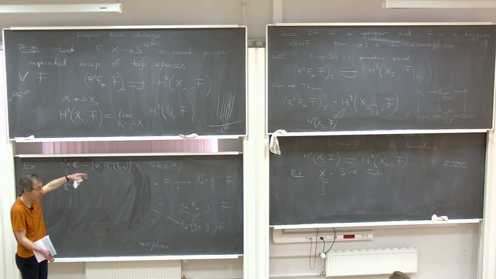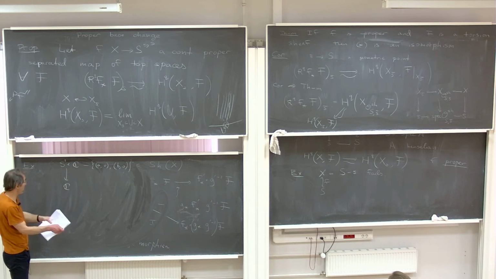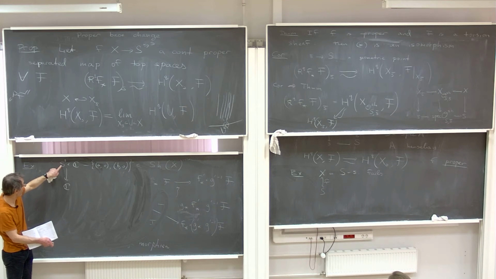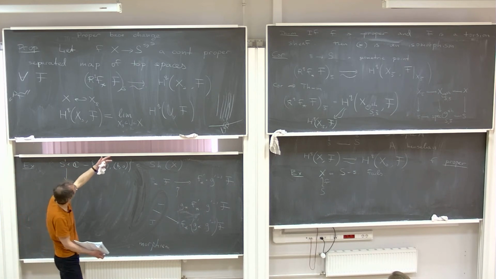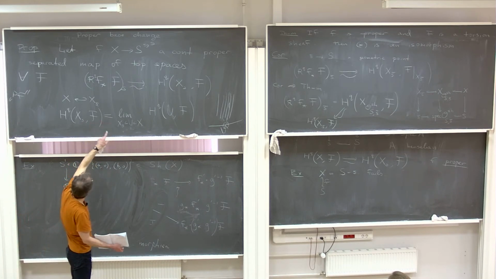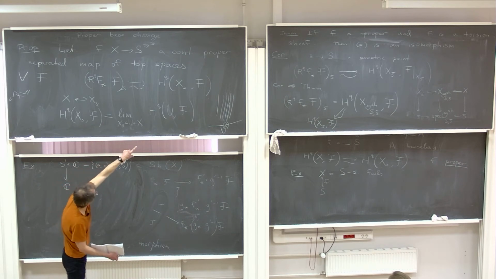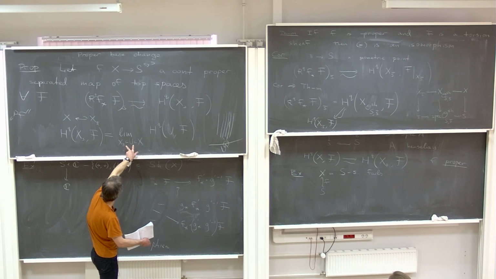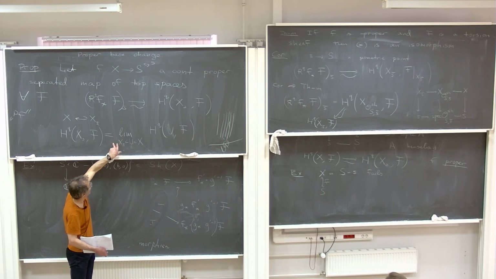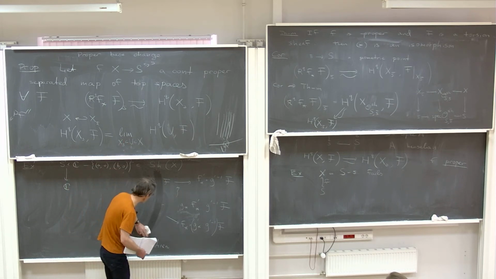If I remove two points from S^1 times an open neighborhood of the origin, it's still connected. That means that the stalk will be one-dimensional, but the fiber is two-dimensional. And this is exactly the example where the system of tubular neighborhoods does not form a cofinal system among all neighborhoods of the special fiber. Okay?